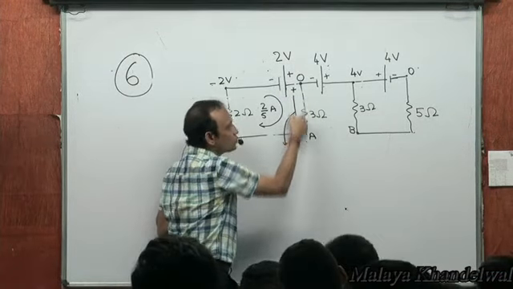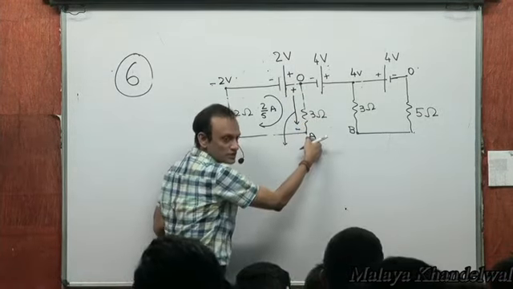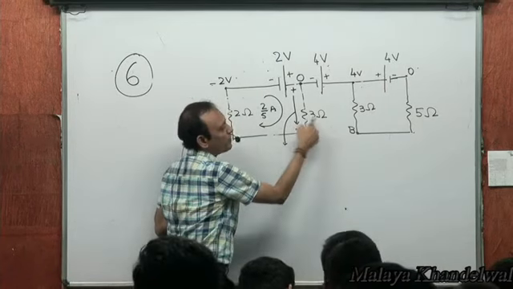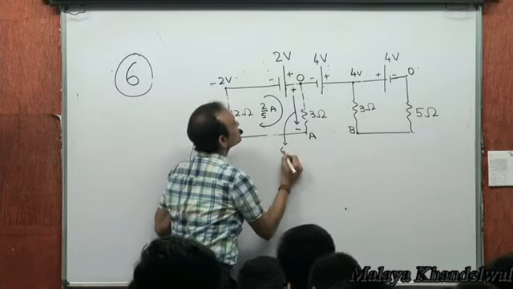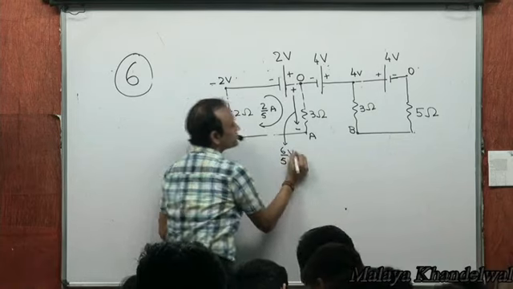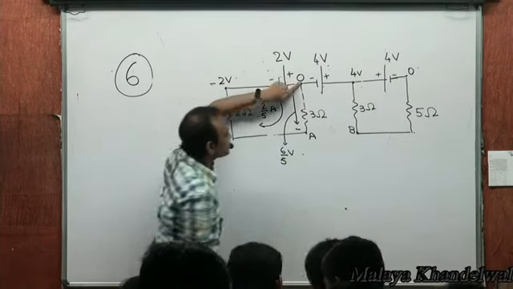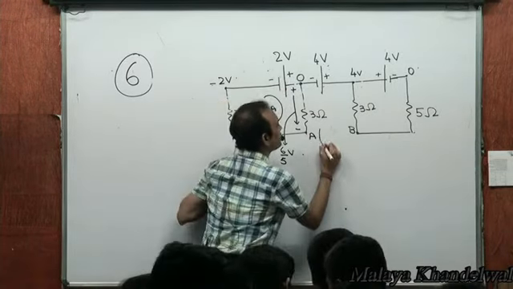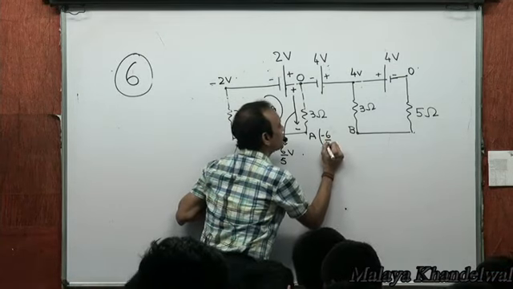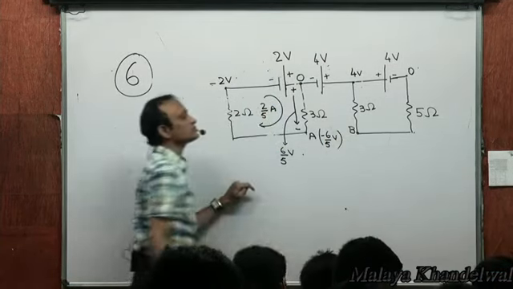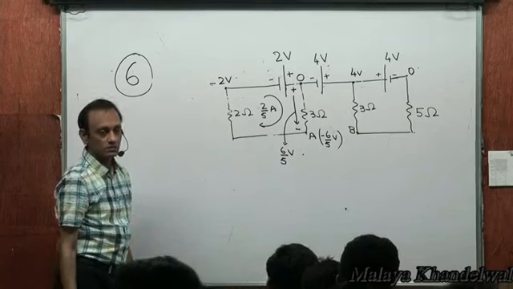Yes or no? That means 6 by 5 volts is going to be the drop here. Now, if this is 0 volts and the drop is 6 by 5 volts, then this point would be minus 6 by 5 volts, isn't it?